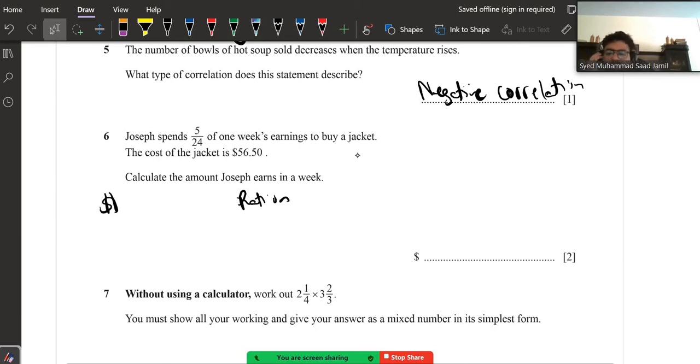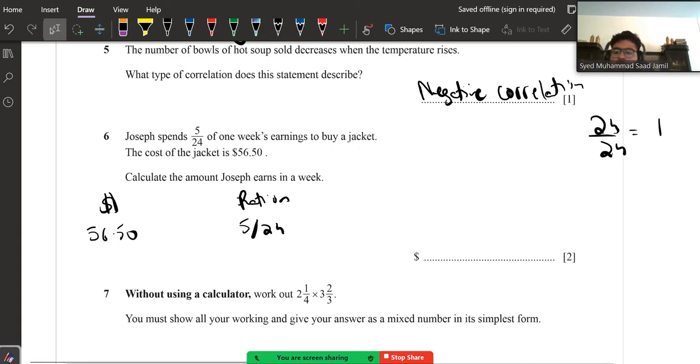It says that $56.50 is equivalent to 5 upon 24. We want to find how much Joseph earns. Because Joseph's earning is 24 upon 24, $24 out of $24. So Joseph basically earns this. This is the ratio of what Joseph earns.